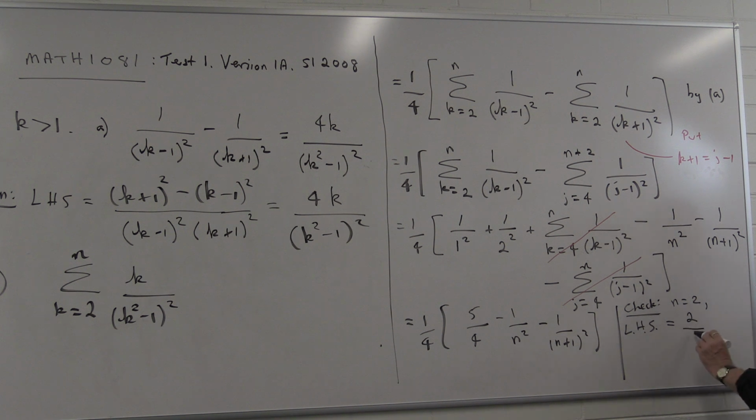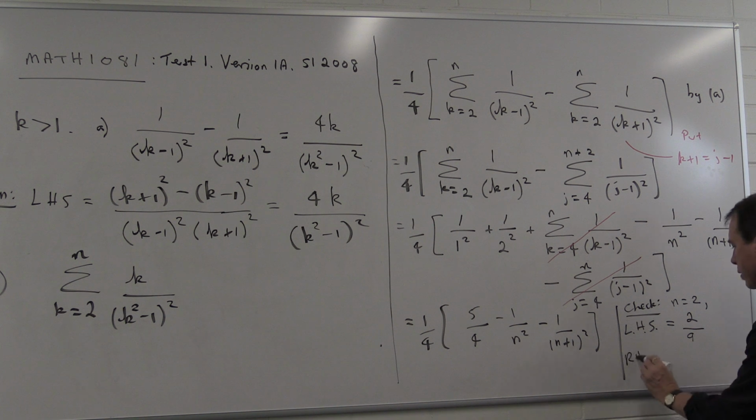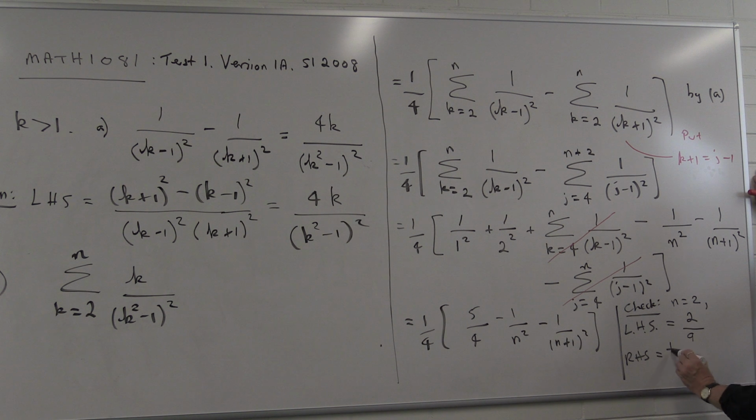And the right-hand side will equal 1/4 into, I get 5/4 minus 1/4 minus, 2 plus 1 is 3, I get 1/9. And when you simplify that, it does in fact equal 2/9.